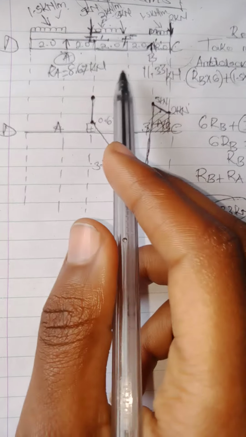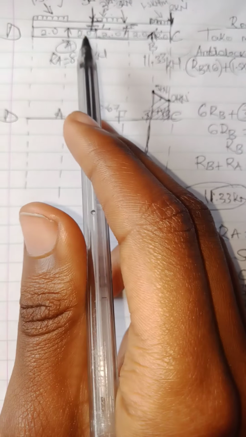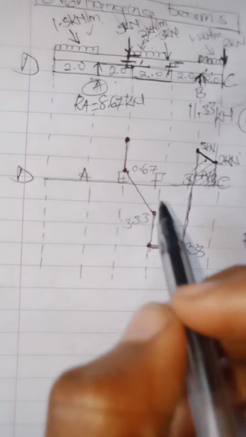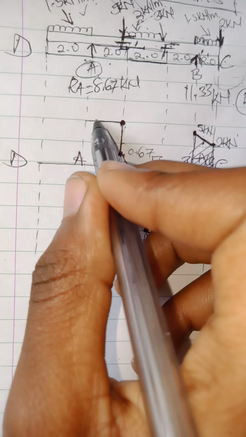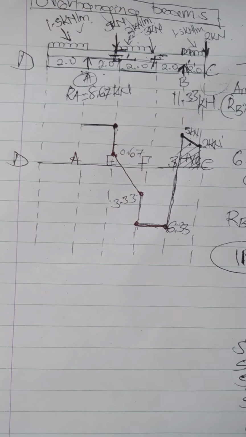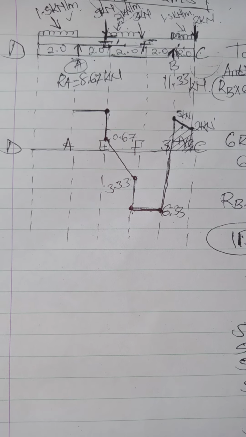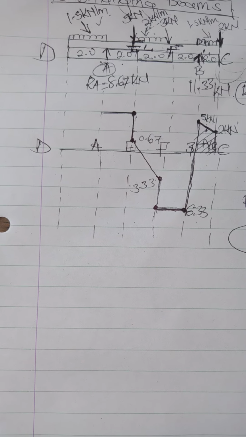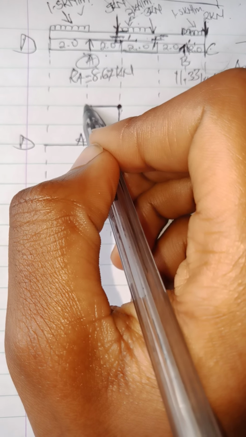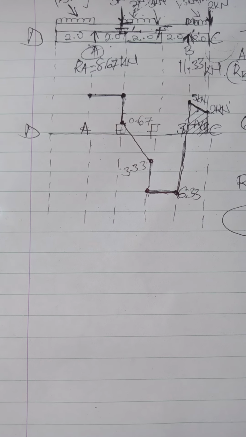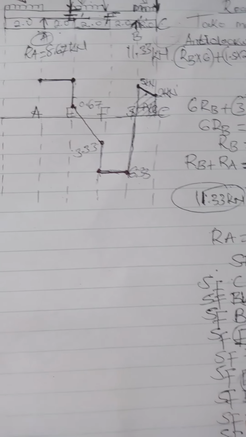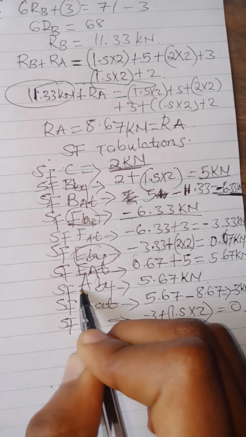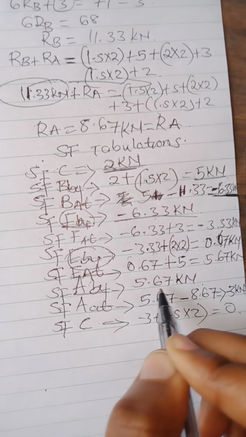And because of no load in the middle, you have a straight line like that, and then from the straight line you can get the other point that was before A. Point before A, 5.67.